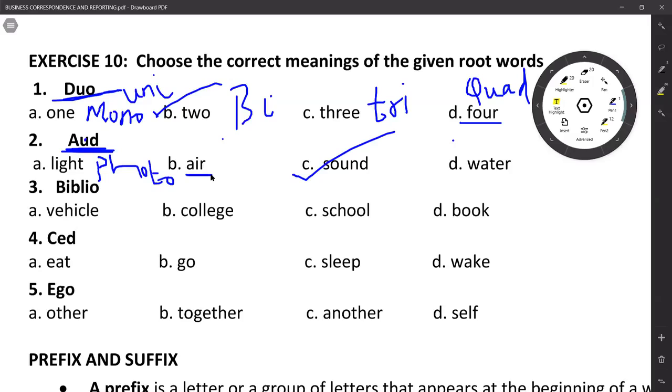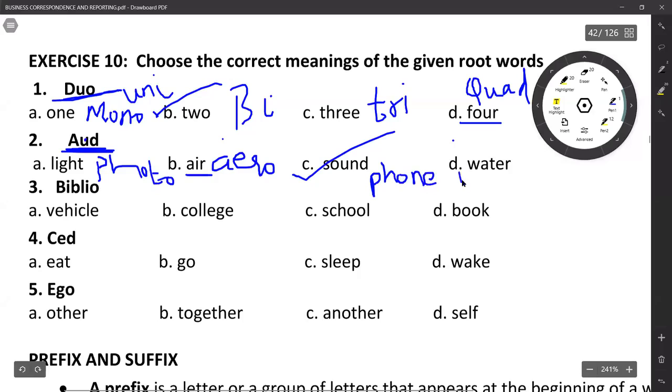For air, very good, Manoj. Correct. Aero. Aerodynamics. A-E-R-O. Aeroplane. Aerodynamics. One more root word for sound, guys, is phone. Telephone, homophones. Water is without a doubt hydro.